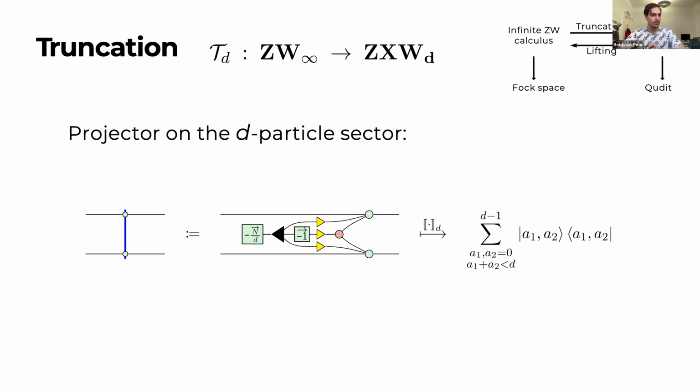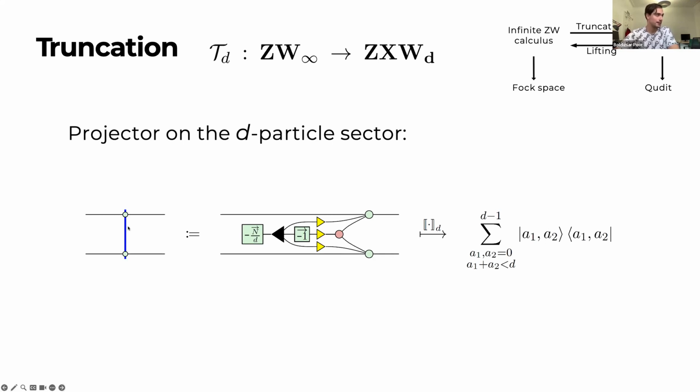So say your dimension d is 3, and you input cat2 and cat2, then cat2 plus cat2 is 4. 4 is bigger than 3, so it maps it to the zero diagram. But again, if your d is 3 and you do cat1, then you have 1 plus 1 equals 2, so it's less than 3. So it's going to be just the identity.